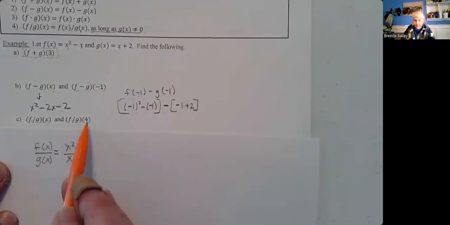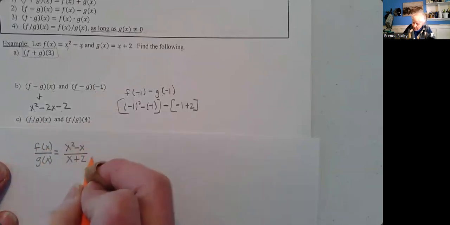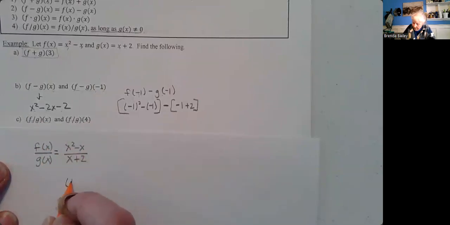Now to do f over g of 4, since I did find this function, rather than putting 4 into the f function divided by g of 4, we'll just use this. So we're going to put in 4 to find f over g of 4. 16 minus 4 over 4 plus 2, which is 12 over 6, or 2.